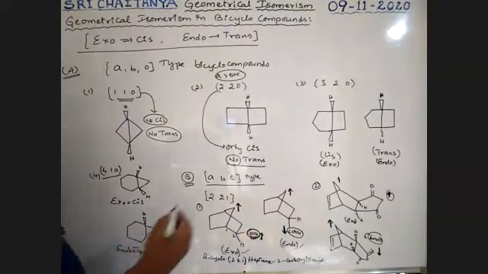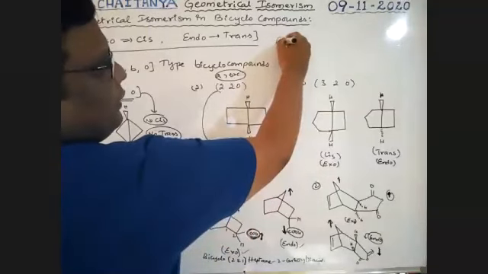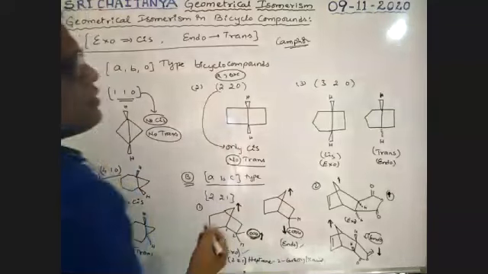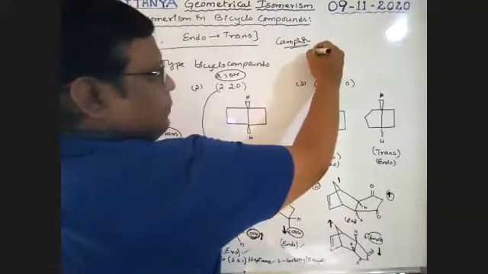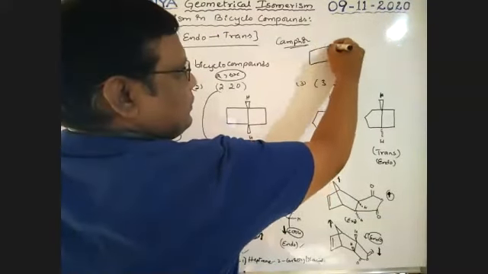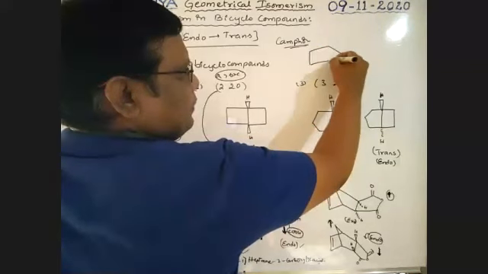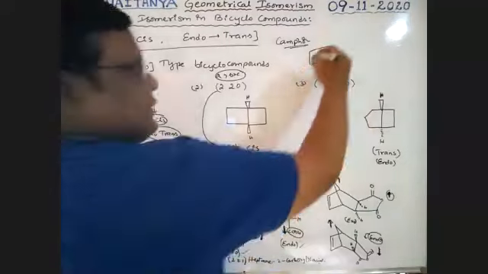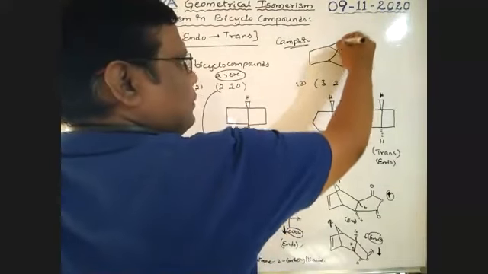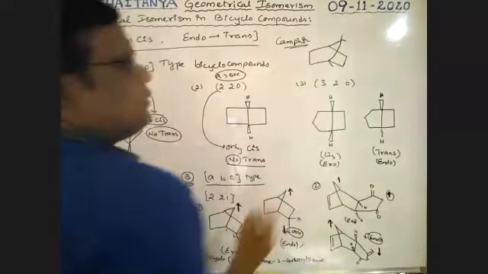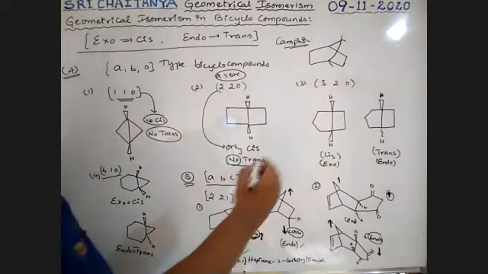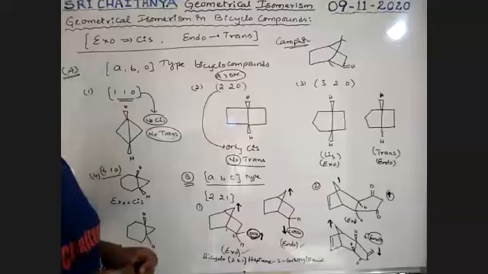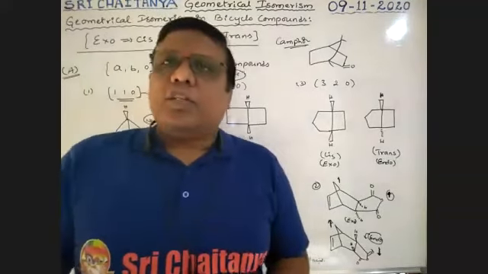Boys, camphor. So its structure is like this. It is a bicyclo compound, boys. This is camphor. Sorry, here is a double bond. This is camphor, boys. It has no cis, no trans condition.